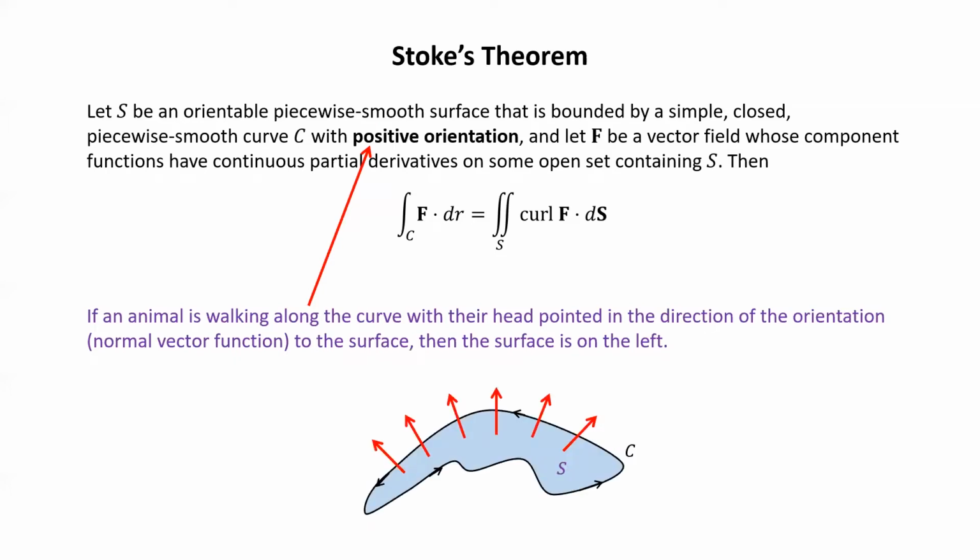Here's a picture of a curve with positive orientation with respect to the orientable surface. Notice that the normal vector in this case is pointing upward and the curve is moving counterclockwise, because if you move along the curve with your head pointed in the direction of those normal vectors, then the surface will always be on the left.